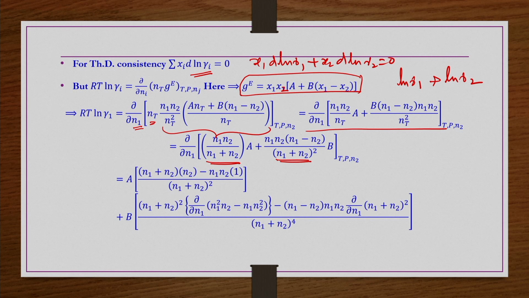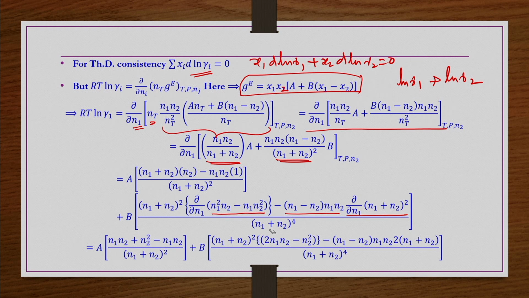Then the differentiation of the first term is N1 plus N2 multiplied by 1 into N2, minus N1 N2 multiplied by 1 plus 0, divided by N1 plus N2 whole square. Similarly, for the other term the denominator is N1 plus N2 whole square squared, that is N1 plus N2 whole power 4. In the numerator we keep N1 plus N2 whole square as it is, multiplied by the differentiation of the numerator term, minus the numerator term as it is times the differentiation of the denominator.